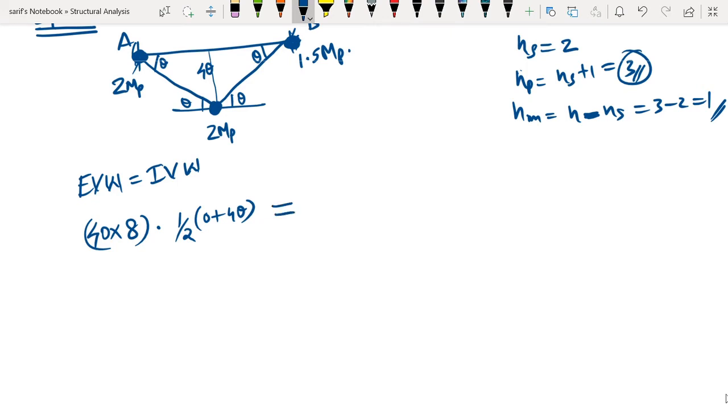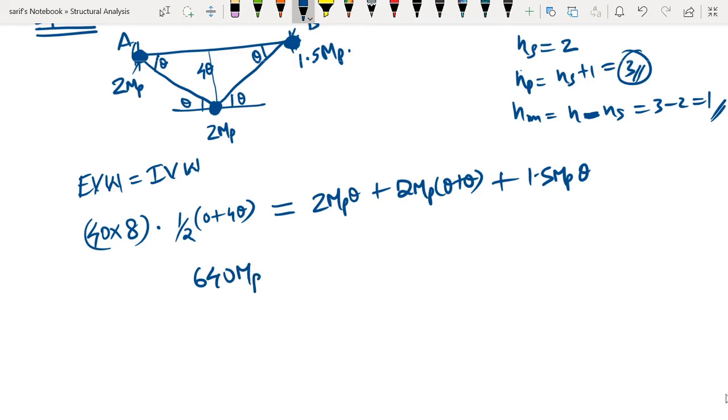This is equal to the virtual work done in the plastic hinges, that is 2 MP into theta plus 2 MP into theta plus theta plus 1.5 MP into theta. So if we do the calculations, we are going to get 640 theta is equal to 7.5 MP theta.